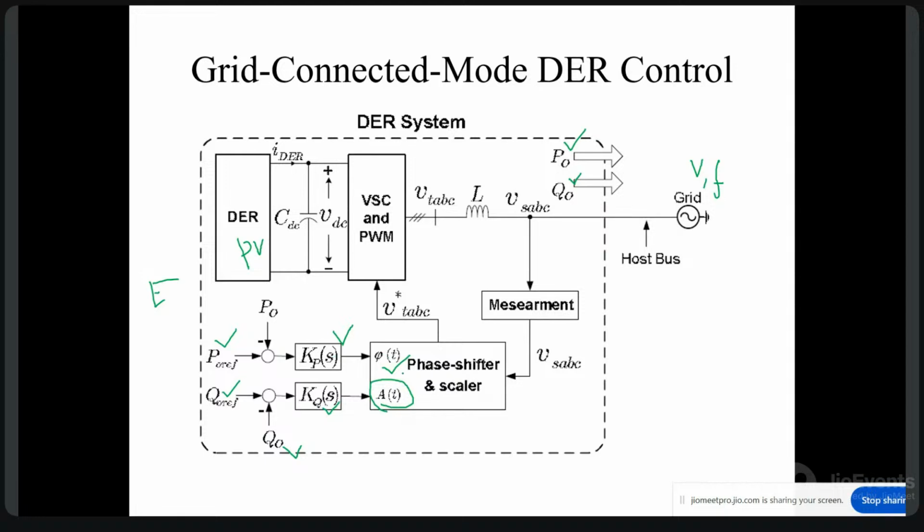Based on this, I'm going to generate the voltage templates. For three-phase systems, three-phase voltage references VABC will be developed, and I'm going to develop the PWM switching pulses based on different PWM schemes.